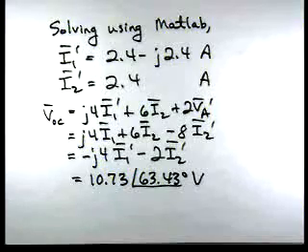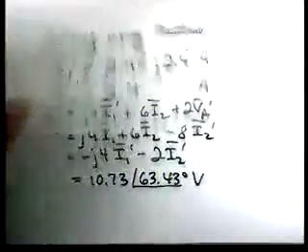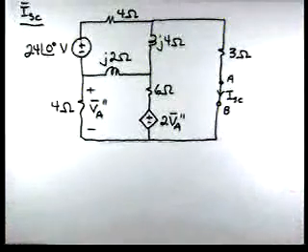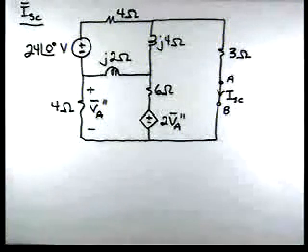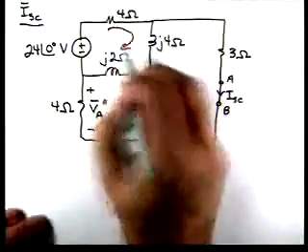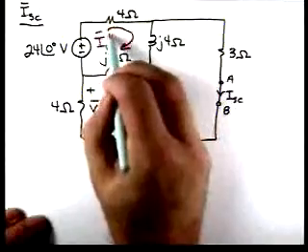Now we need to calculate the short circuit current. So now we're going to take our circuit and place a short between terminals A and B. And again, we'll use mesh analysis.